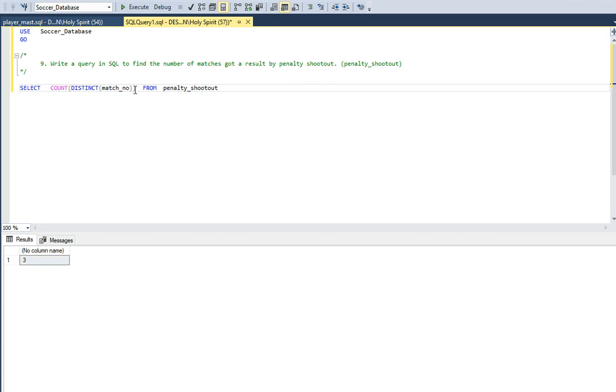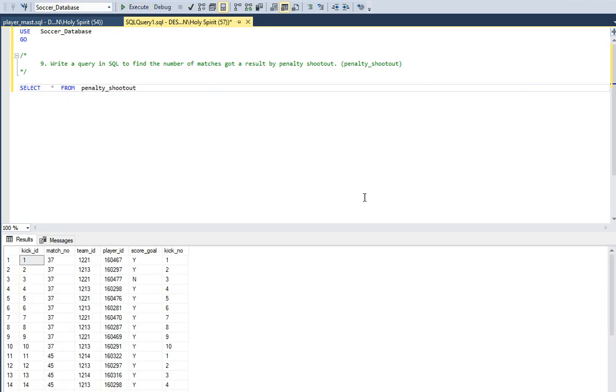Did you notice the mistake I made? I put star because every, okay, let me show you. What did I do? Star, execute. So here kick ID is different. There is no distinct here, to be honest.